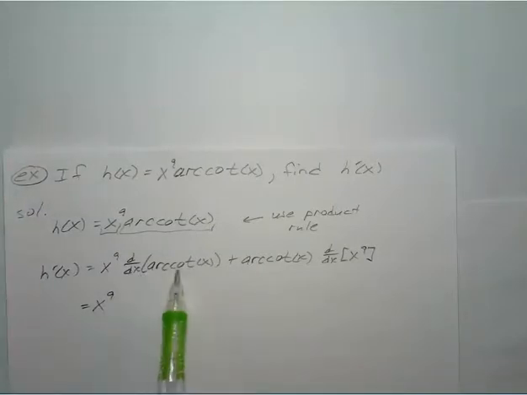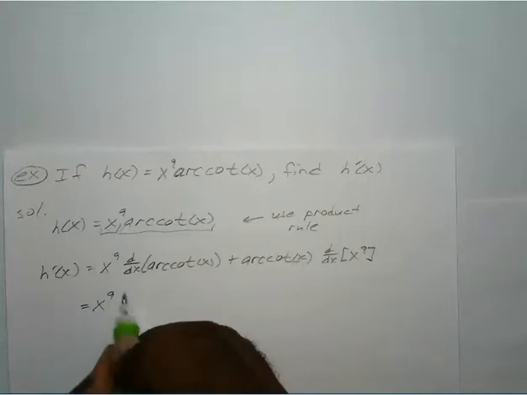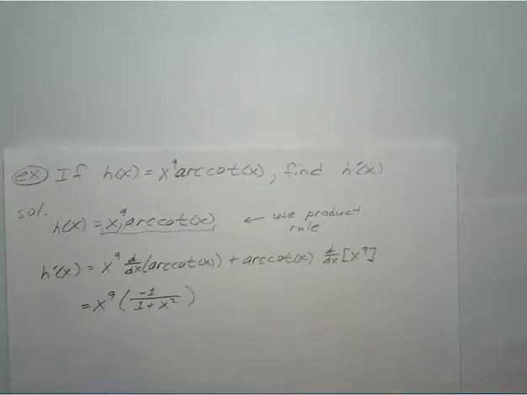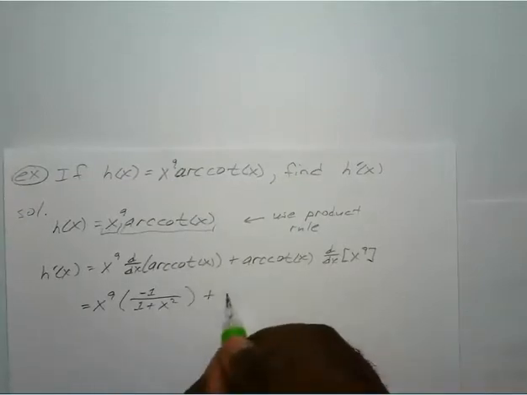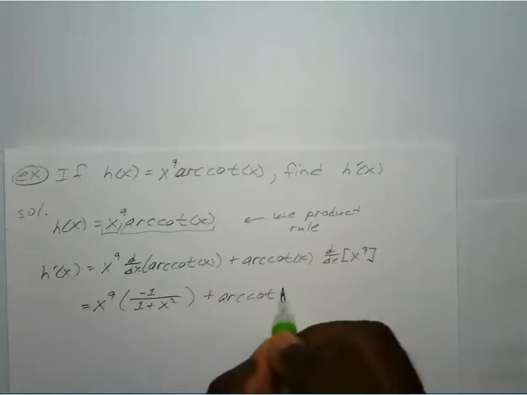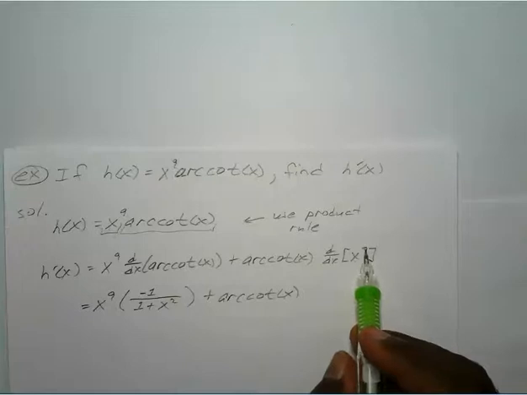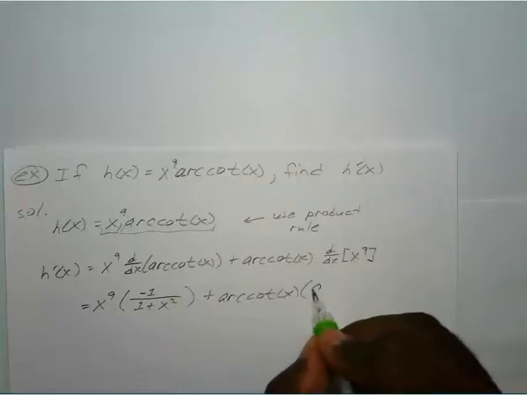The derivative of arccotangent of x, remember, is negative 1 over 1 plus x squared, plus arccotangent times the derivative of x to the ninth power, which is 9x to the eighth power.